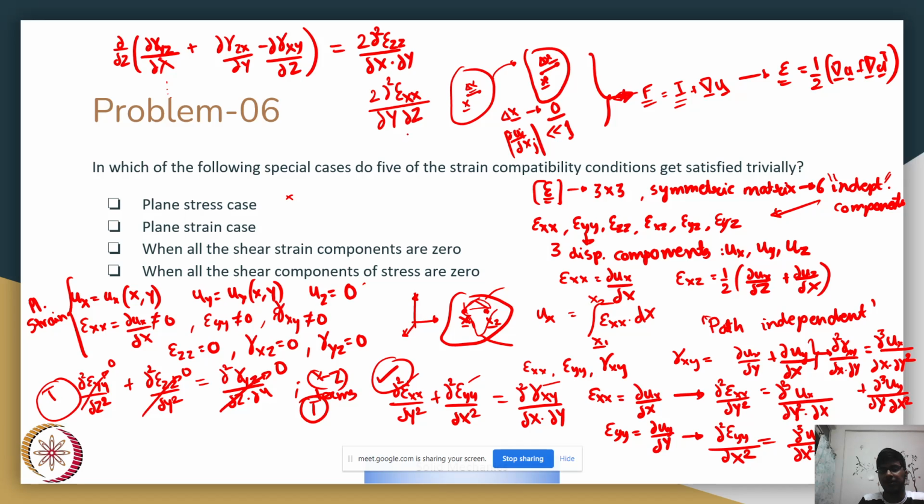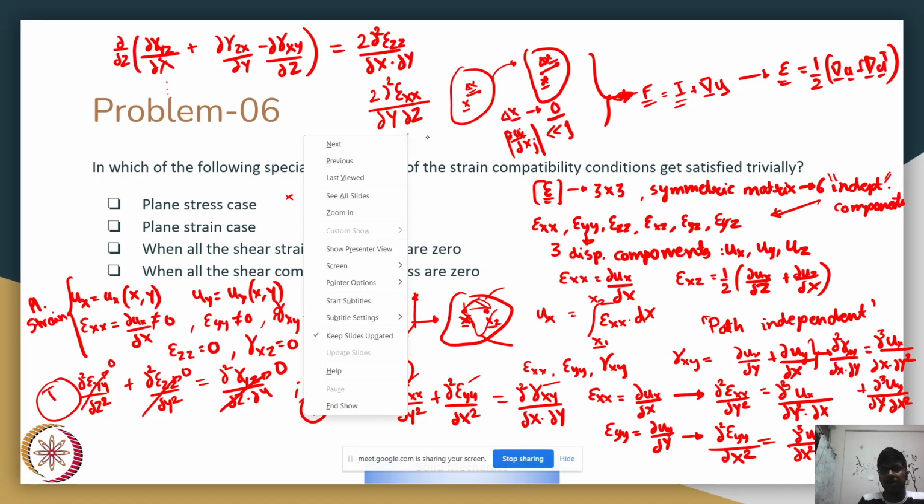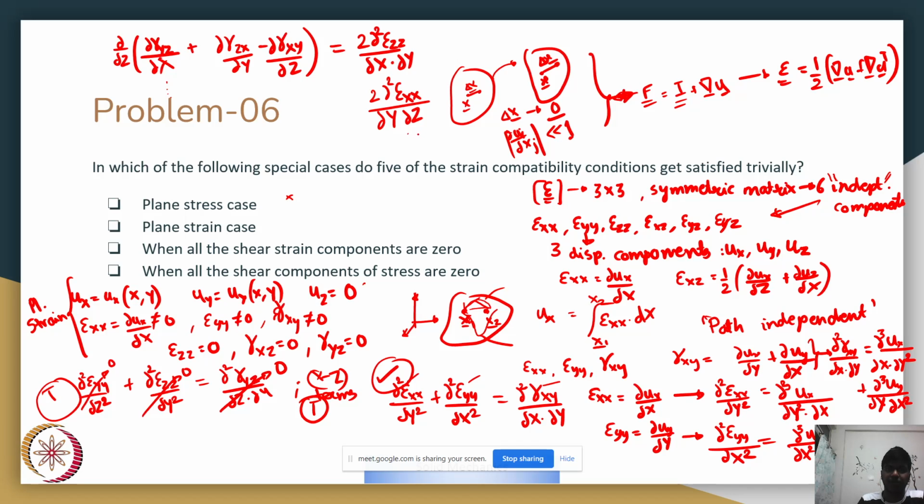And similarly for the third case where you have epsilon yy, the gradient will be taken with respect to x and z. Again, gradient of epsilon yy with respect to z will be 0. So in all three equations, the left hand side is trivially 0 and the right hand side is also trivially 0. So all these three equations are again trivially 0. So 3 plus 2, total we have 5 equations which are trivially 0 for the plane strain case, and the sixth one needs to be checked.